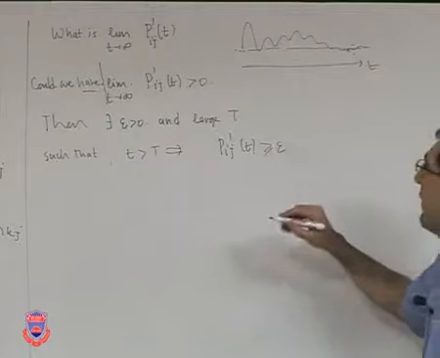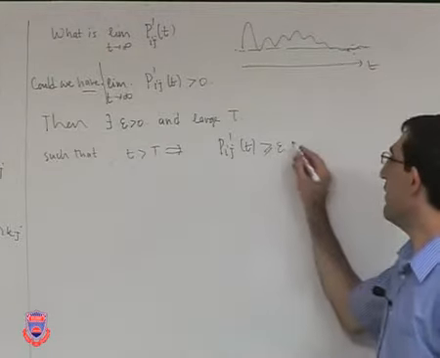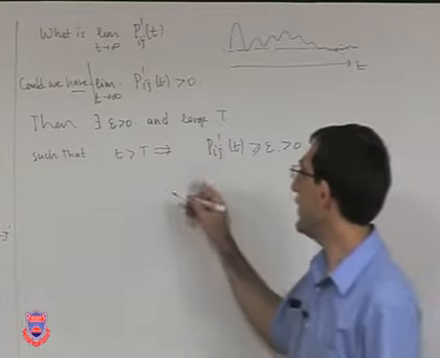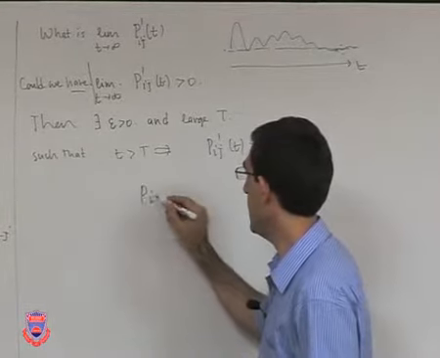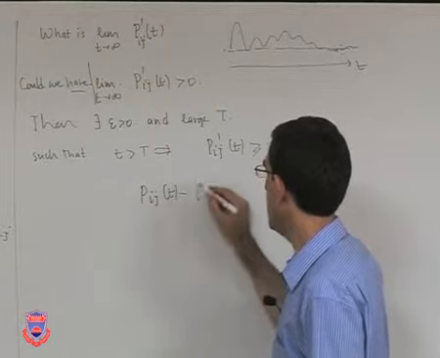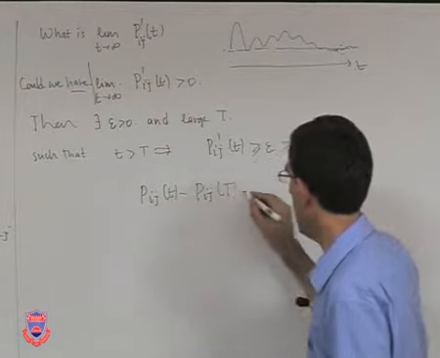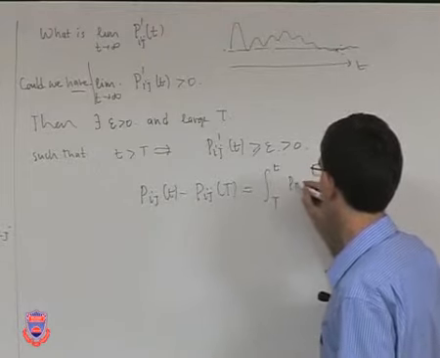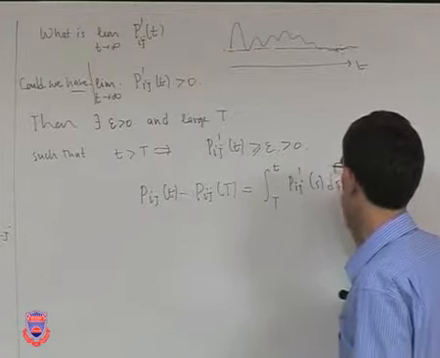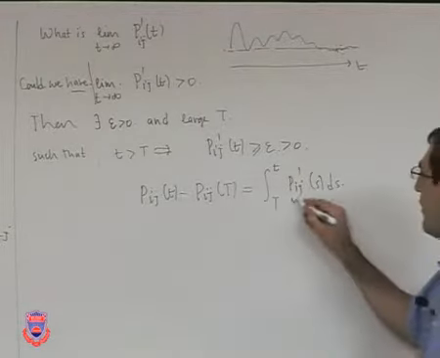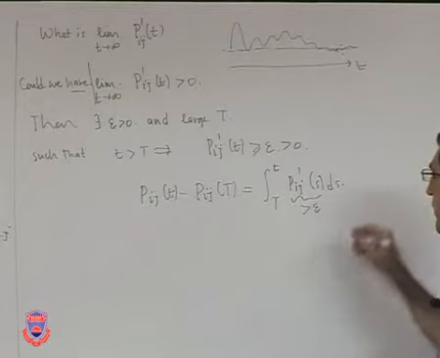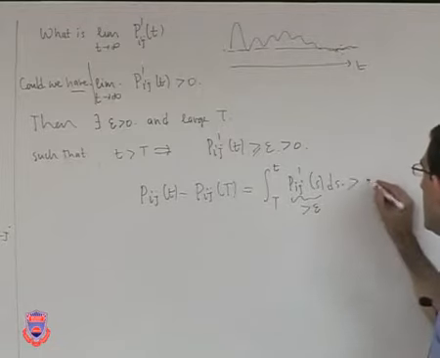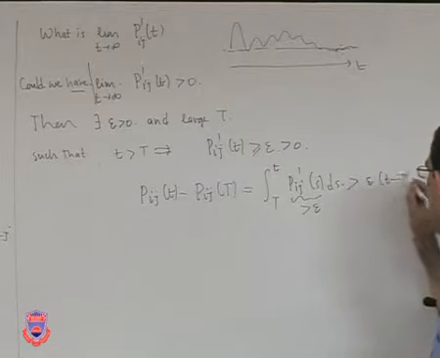And if the derivative always stays away from 0, what does that mean? If you just integrate this thing, so if you look at P_ij(t) minus P_ij(T), which is the integral from T to t of its derivative, but it is greater than epsilon, if this is true after T, for each s after capital T. So this is going to be greater than epsilon times (t minus T).